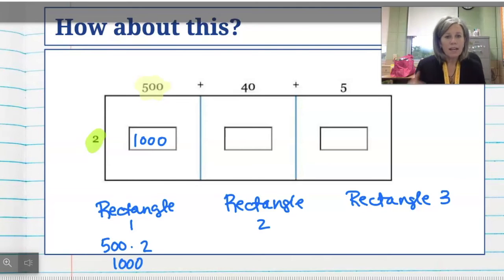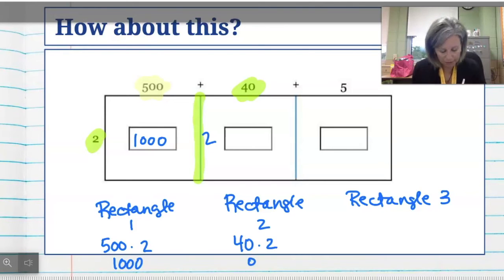Now when I do the other rectangle, my base is 40 and my height is the same as my height over there, so my height is 2. Base times height, 40 times 2 is 80.